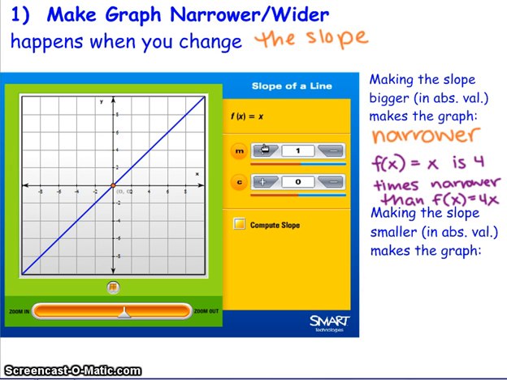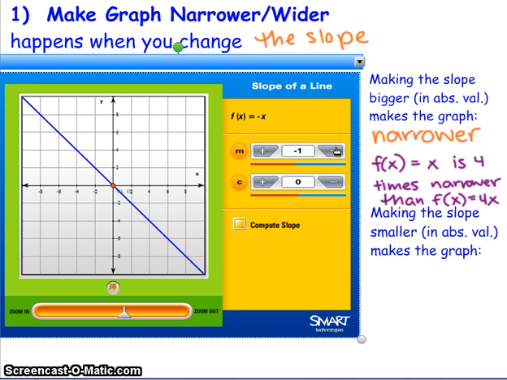Now, on the flip side, we need to talk about what happens when you make the slope smaller. And first, I want you to remember that we're talking about making the slope smaller in absolute value, not making it negative. Because, for example, the graph of f of x equals x and f of x equals negative x are exactly the same width, because they both have as their absolute value a slope of 1.